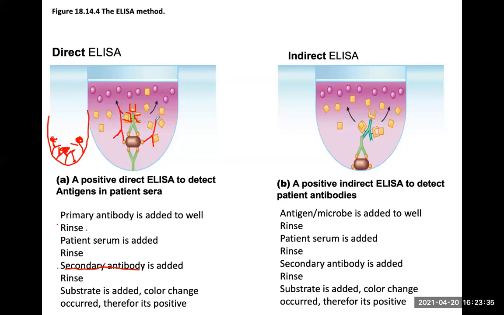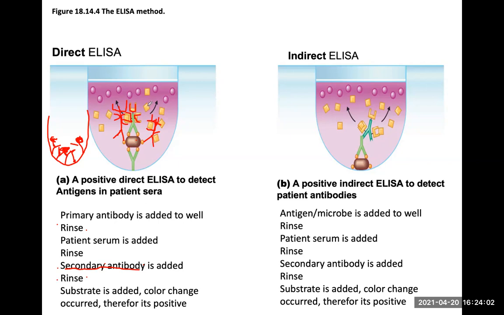And each of those can bind several substrates, right? And so this gives you what we call amplification effect. You're amplifying the reaction. You're going to have much more reactions taking place. Okay, and of course, then you rinse.